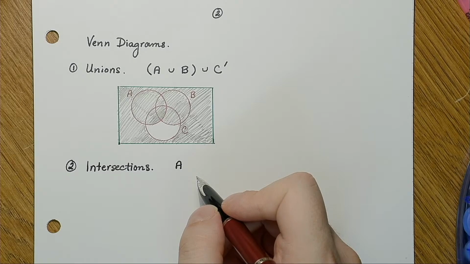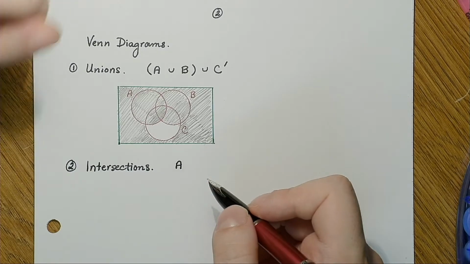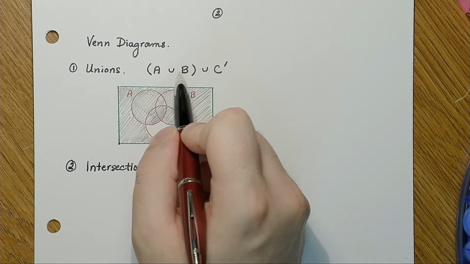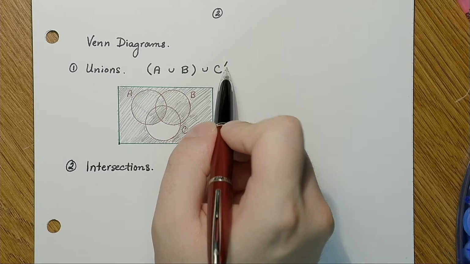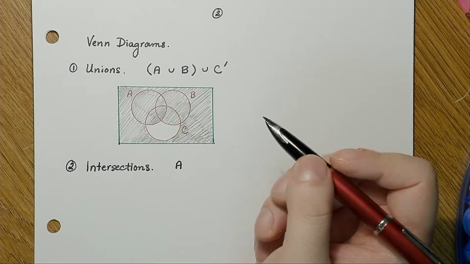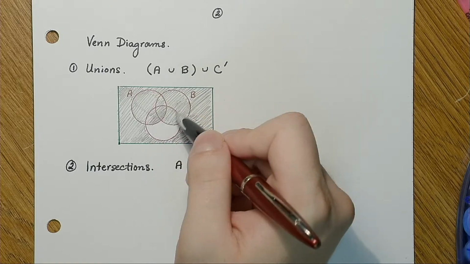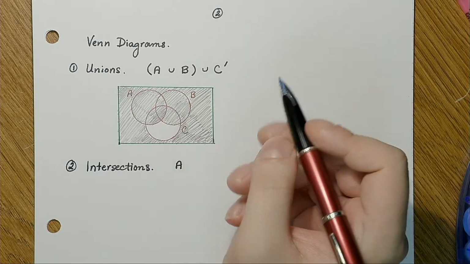A, B, and C. That stays shaded. Yes. Because with the or, it can be in A or B or not in C. So that's the thing with unions. We can keep filling it in, we can keep adding it in.